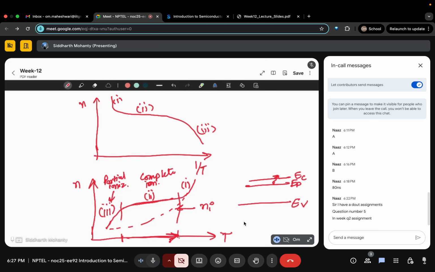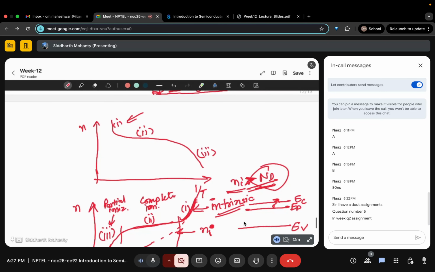And after a certain temperature range, your Ni will increase so much that it will become more than Nd, your doping. So this becomes intrinsic again. Even though you have doped, you have increased temperature so much that the intrinsic carrier concentration is more than the doping. So the semiconductor again behaves like an intrinsic one. So here one is intrinsic.